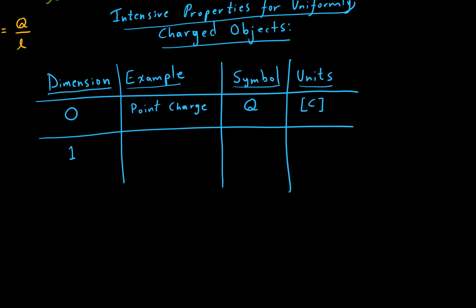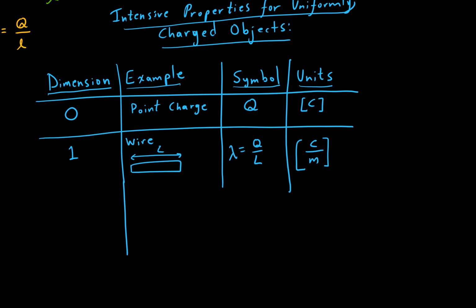Next, we consider a one-dimensional object, which is basically what we have in this example here, and we can describe that as a wire of length L. We can describe this by lambda, as we had before, which is basically its charge per unit length. Nothing new there, and its units are coulombs per meter.